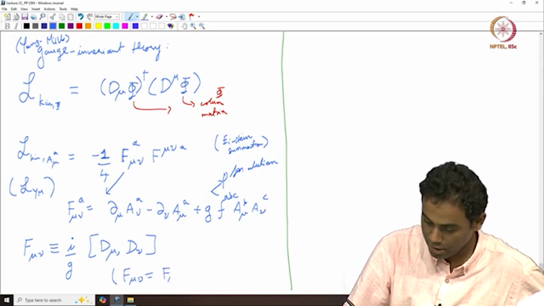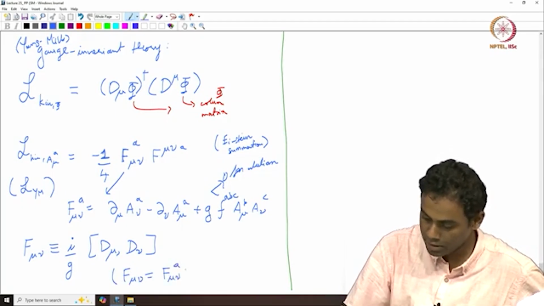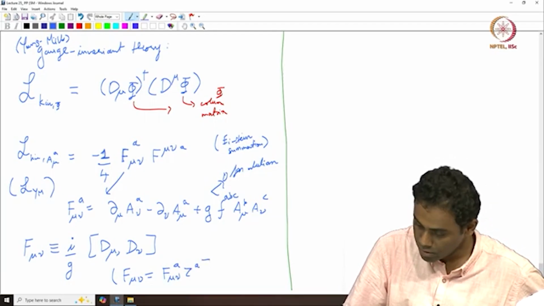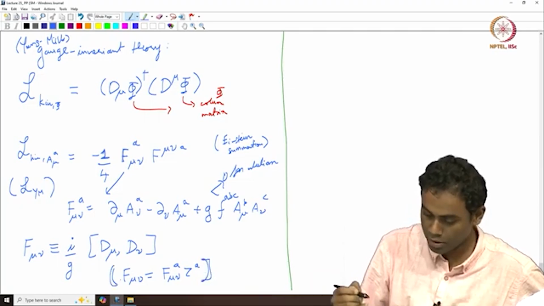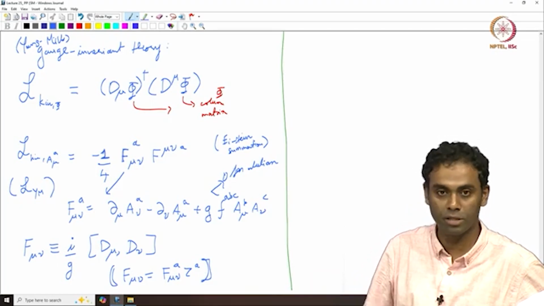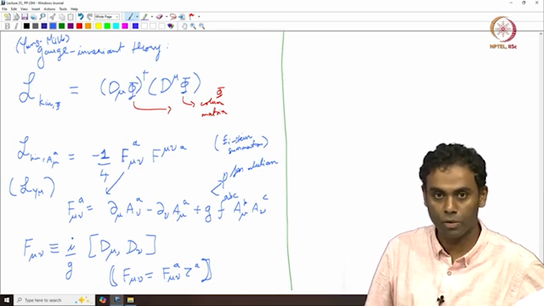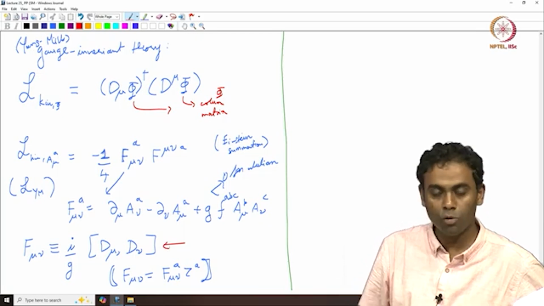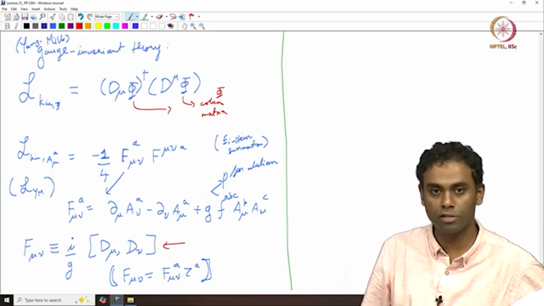That is just F mu nu A for each of the A's, and then I am multiplying those with the corresponding generators and then summing them over. Again, Einstein summation is being used here. Okay. So this here is the more fundamental definition of what a field strength tensor is.